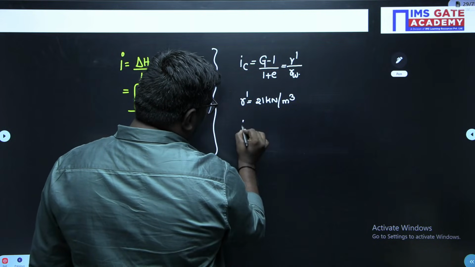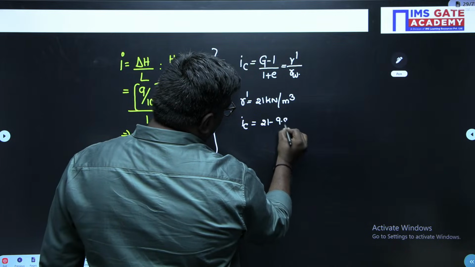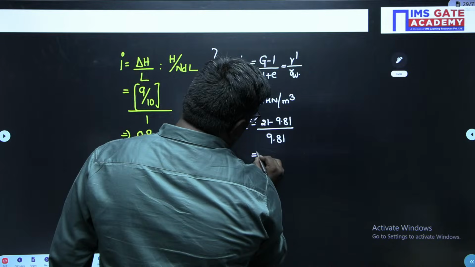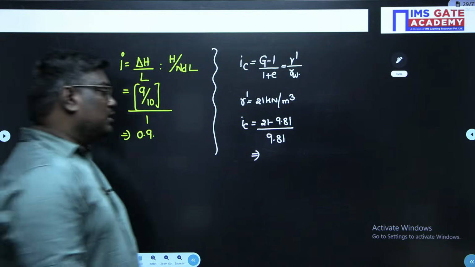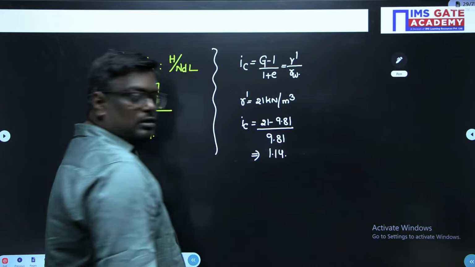So critical hydraulic gradient IC is equal to (21 minus 9.81) divided by 9.81. So what will be the critical hydraulic gradient? Can anyone tell me, my dear students? This will be 1.14.